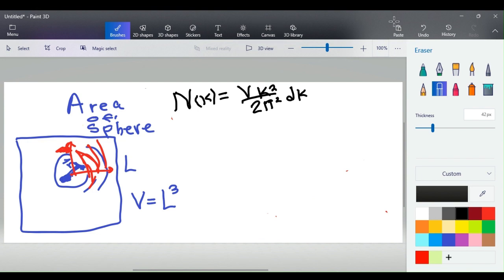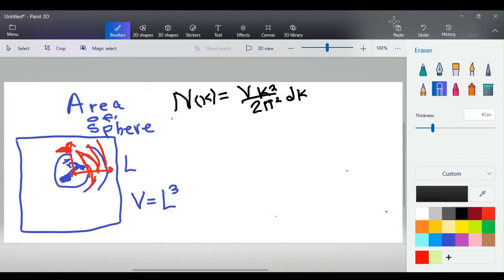All right, let's examine this. This says for every k, there's a mode that's determined by the volume of the box that we talked about. And because we had those L cubed things there, that's over here, back to this box with the radiation.